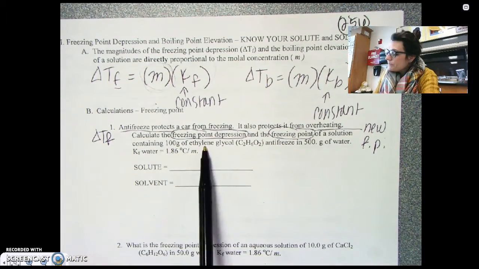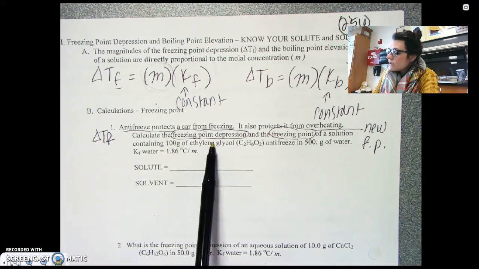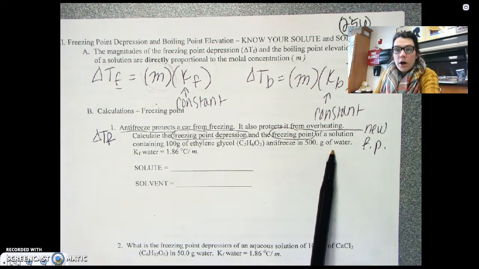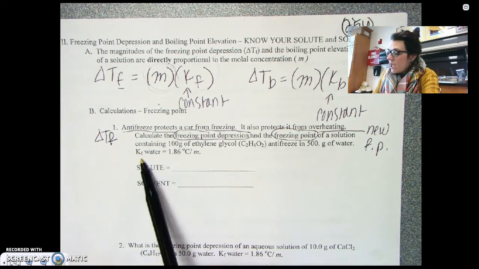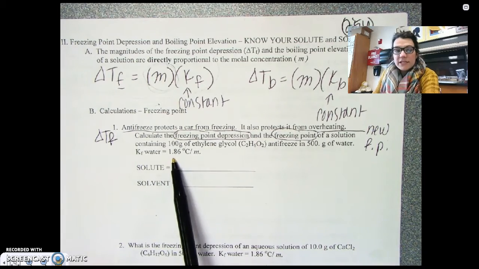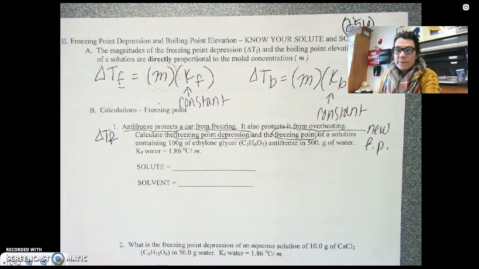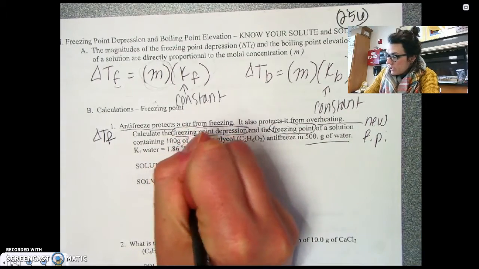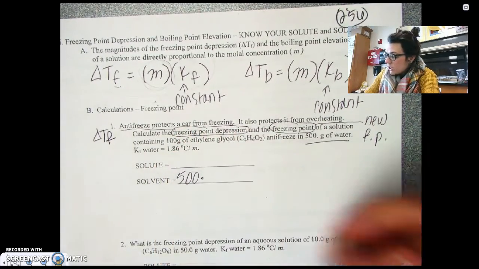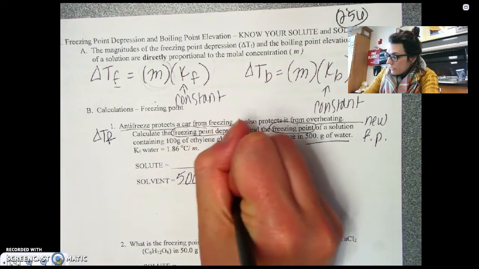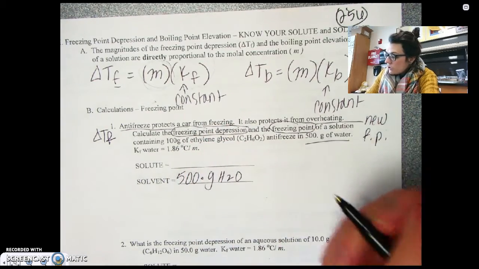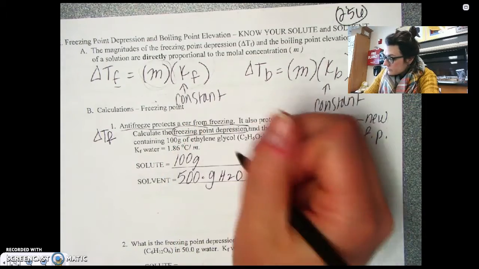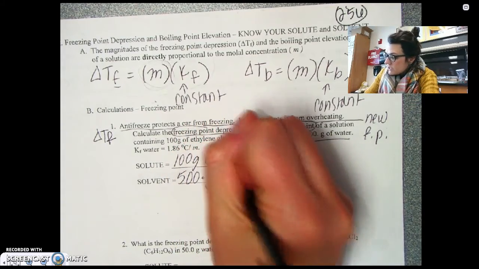The solution contains 100 grams of ethylene glycol antifreeze and 500 grams of water, and the K F of water is 1.86 degrees Celsius per molal. So we're in water, so water is going to be our solvent. We have 500 grams of H2O, and my solute is ethylene glycol, and I have 100 grams of C2H6O2.